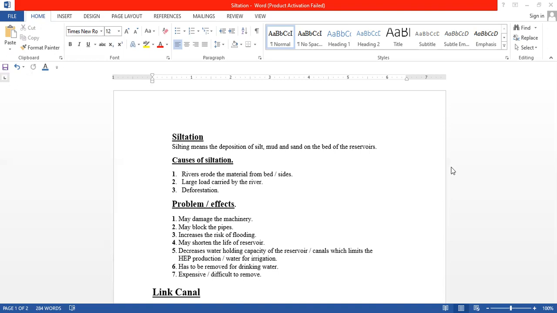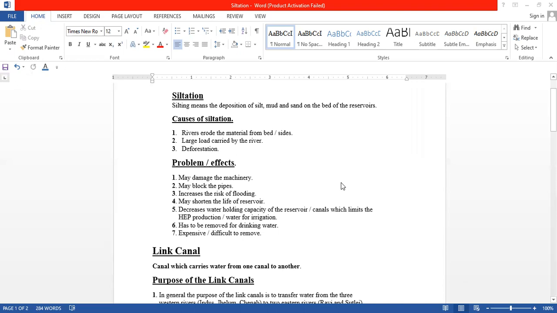And as I already said, the material eroded by the river is sand, sometimes stones, mud, or clay. And this eroded material is carried by the river. So these are the causes of silt or siltation.